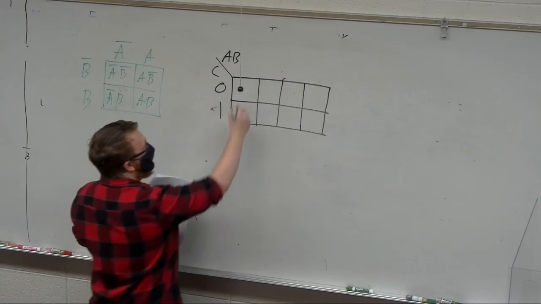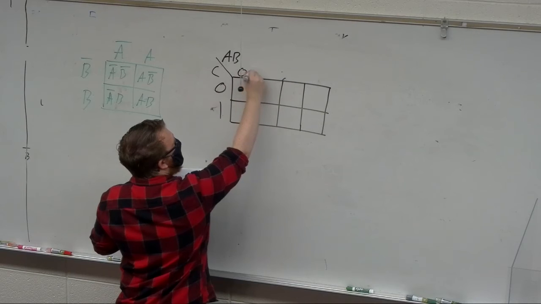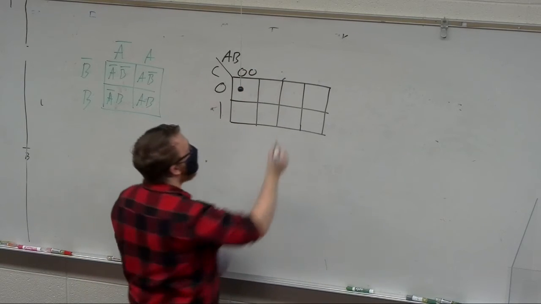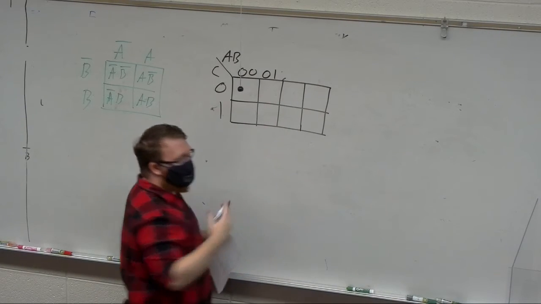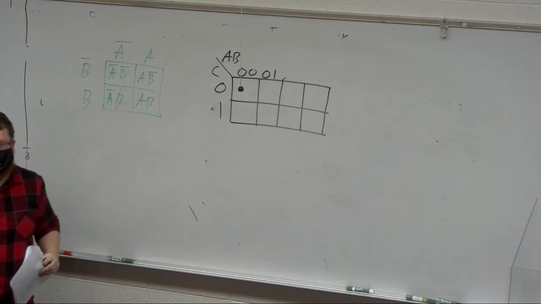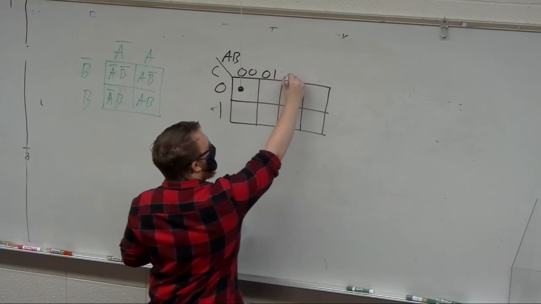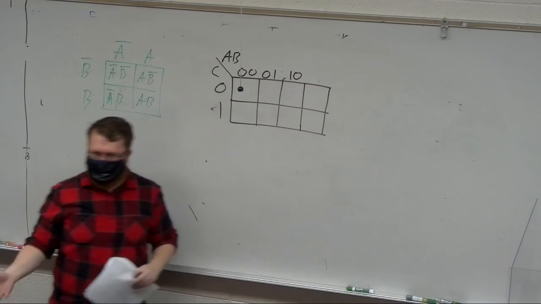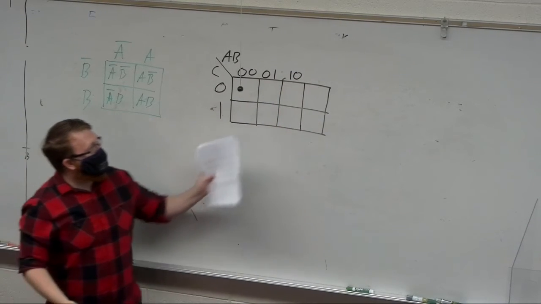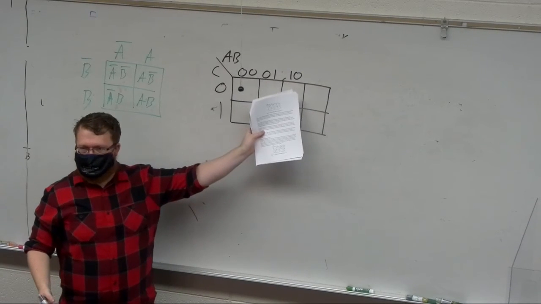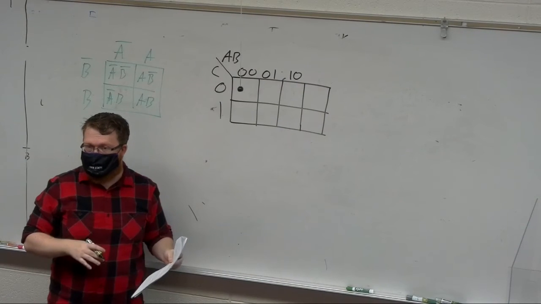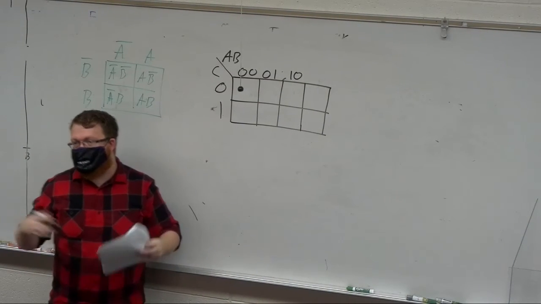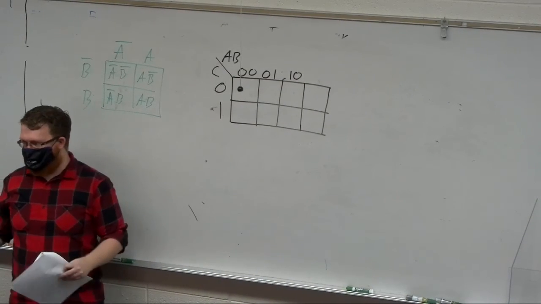Now similarly, we're going to go over here, not A, not B. Not A, but B. But something interesting has to happen here, because how we would normally count in binary, these are not what we call logically adjacent. If two or more of the numbers switch at the same time, they are no longer logical neighbors.